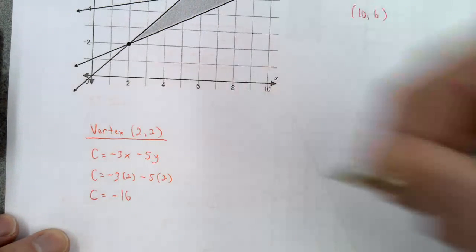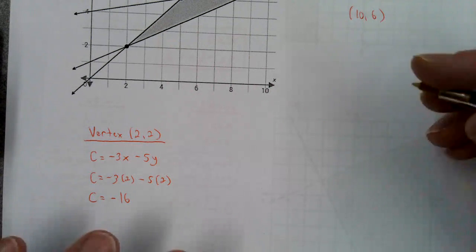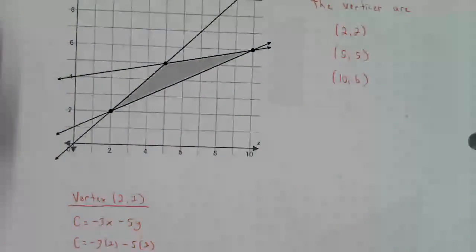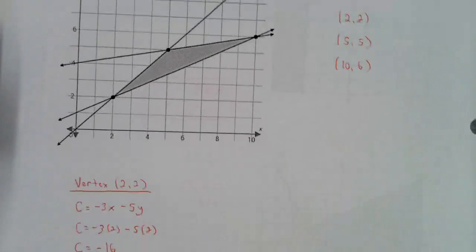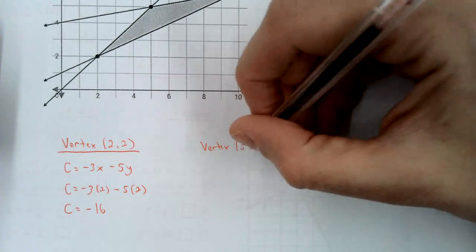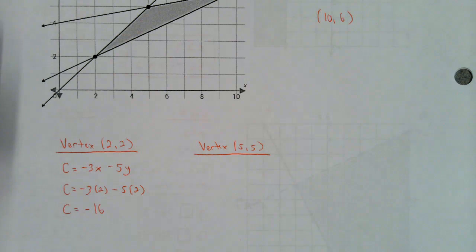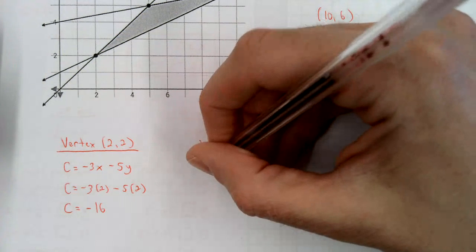Now let's do vertex 5, 5. Okay, we have 3 vertices. Let's do all 3 of them. Let's do vertex 5, 5 next. I'll just recopy the objective function again.